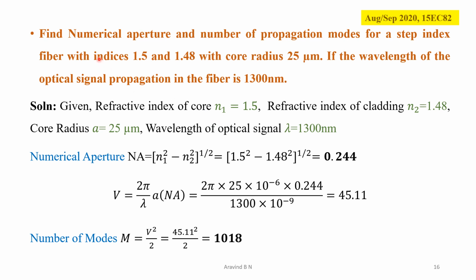Now let us get into one more problem which was asked in the previous examination, that is August-September 2020. The problem statement: find the numerical aperture and number of propagation modes for a step index fiber with indices 1.5 and 1.48 with core radius 25 micrometer, if the wavelength of optical signal propagation in the fiber is 1300 nanometer.